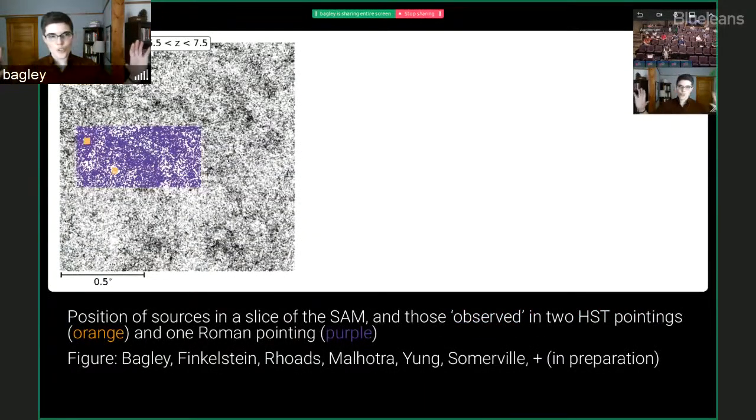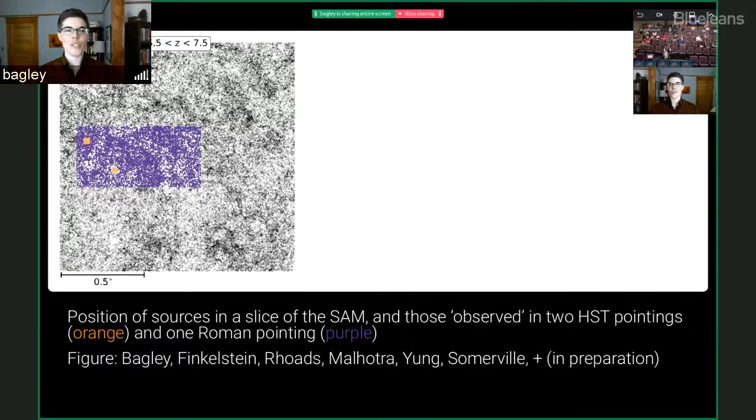So just to visualize what we're talking about here, we all know that the Roman field of view is quite large and is going to help a lot in these types of surveys, but I think it really helps to visualize it. So what I'm showing here is a snapshot of the SAM between redshifts 6.5 and 7.5, and all of the galaxies down to a limiting magnitude of the HUDF, so 29.5, are shown in black.